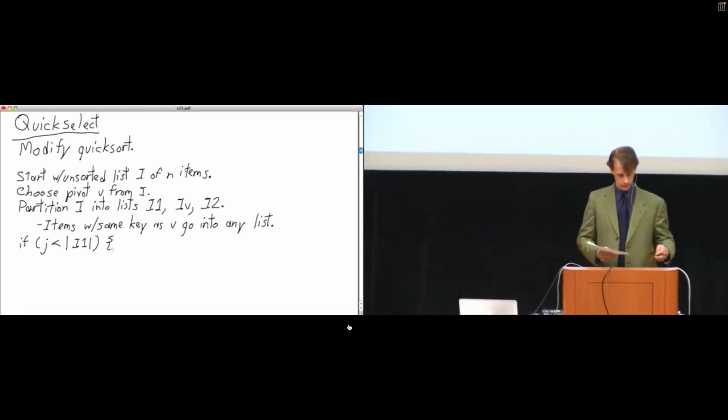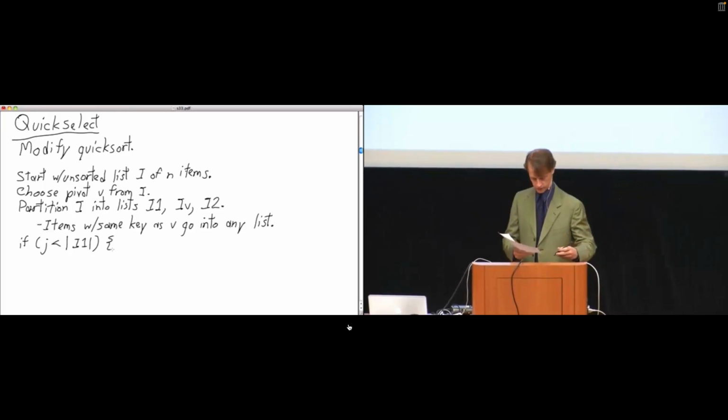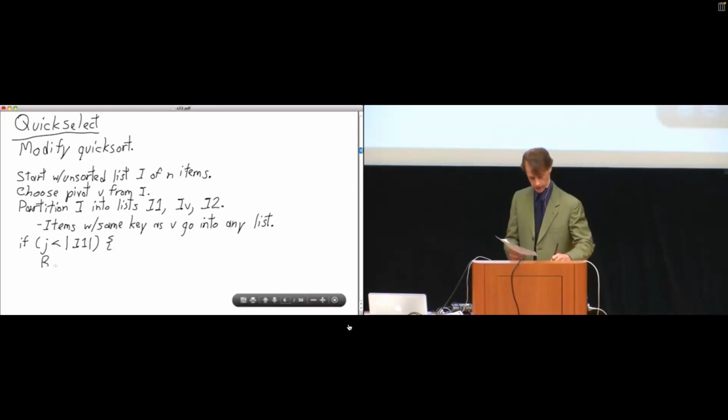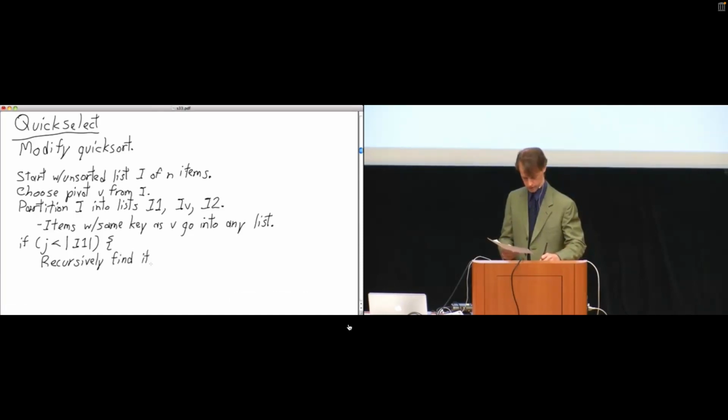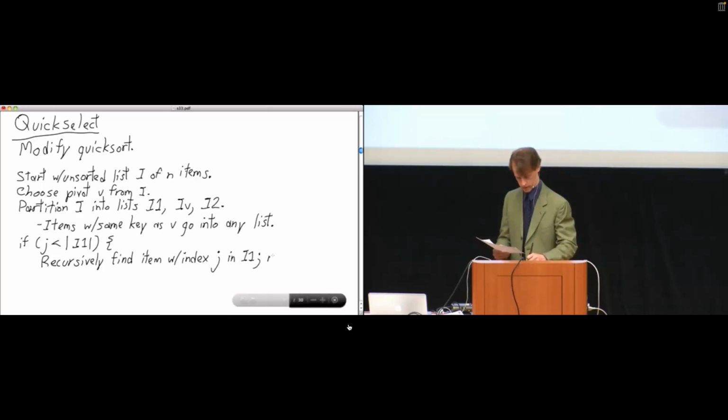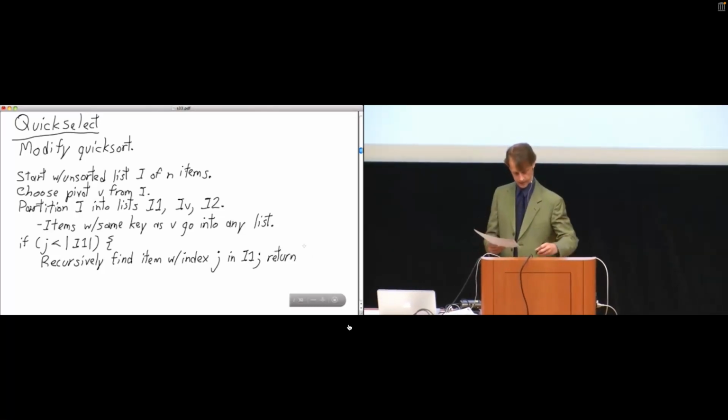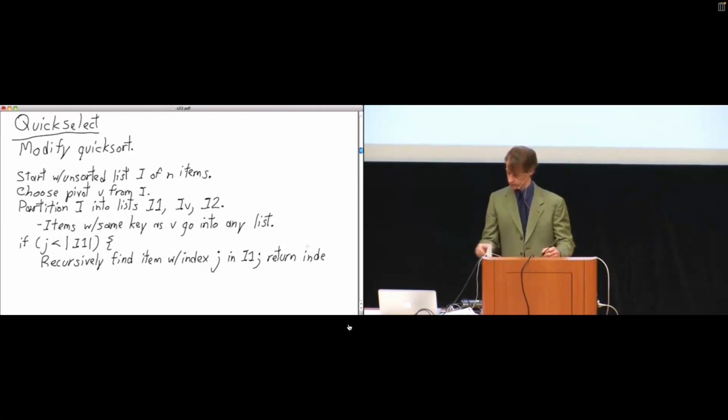And so we will call quickselect recursively on I1. And then we'll return the item, actually.